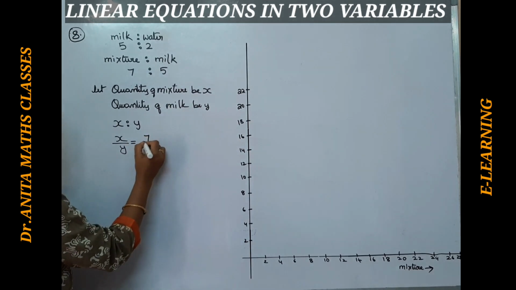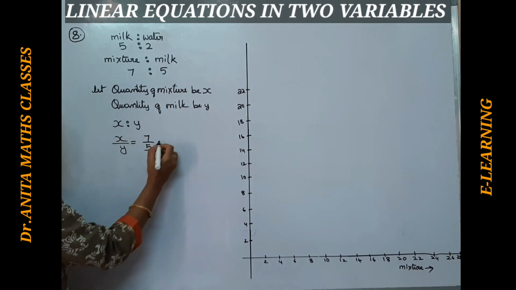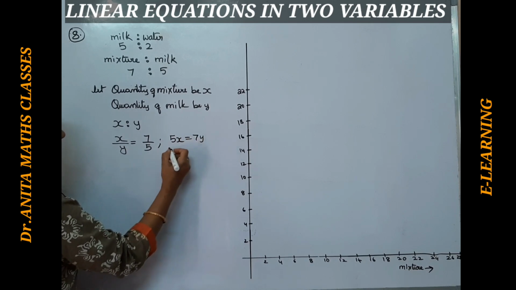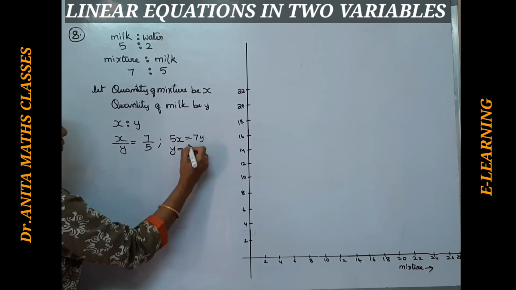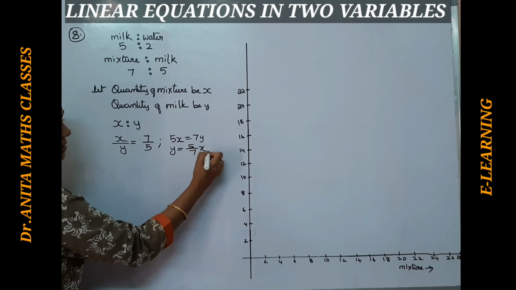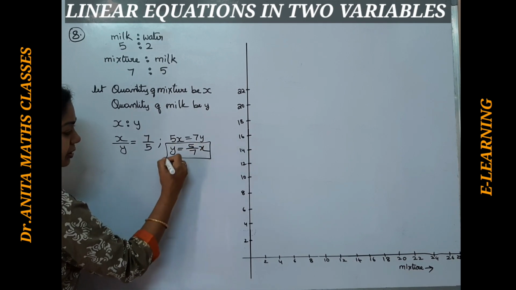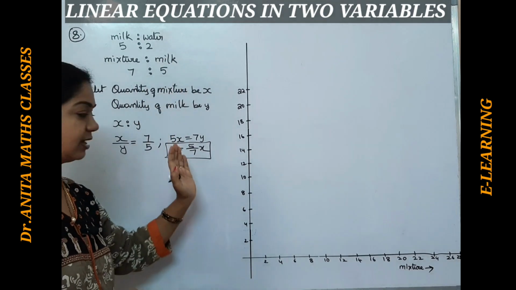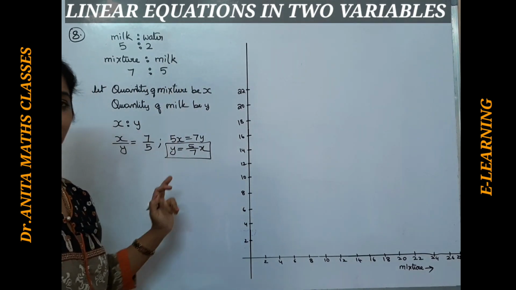So 7 by 5. From this, if you cross multiply, we can write 5x equals 7y. So we want y is equal to 5 by 7 x. This is the linear equation for mixture to milk, that is a linear equation in two variables.